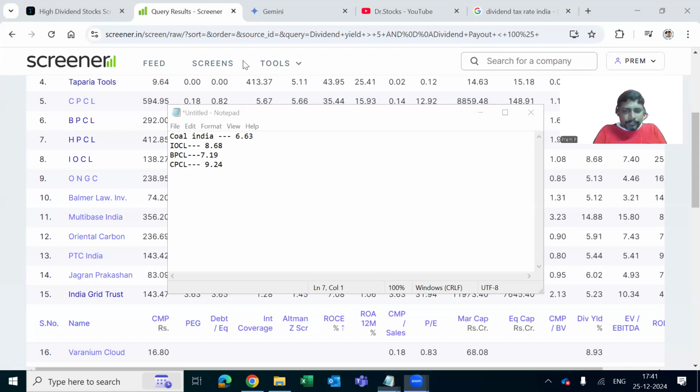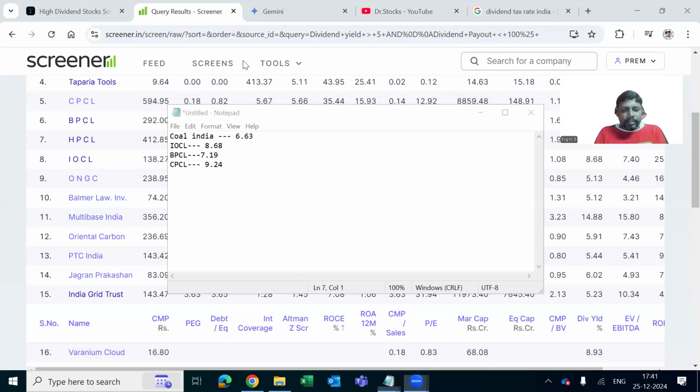Multiplied by 100. So the dividend, 10,000, divided by 9.24, into 100, comes back to about 1,08,225.